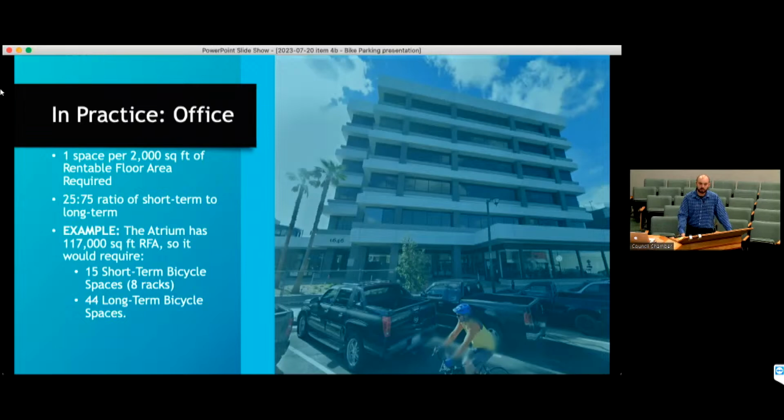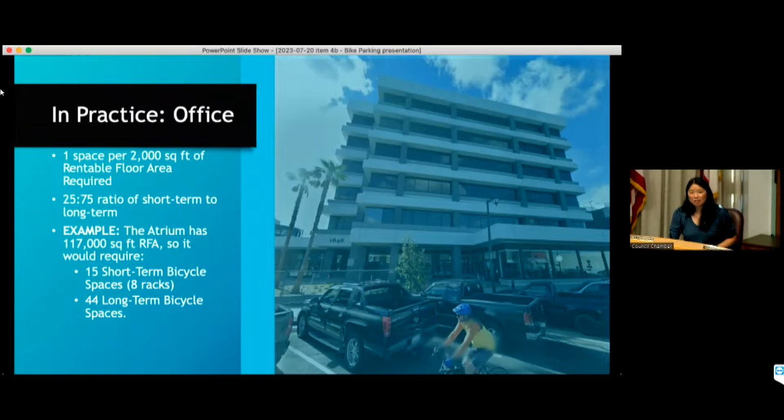Okay. And then with the state legislation, was this factored into the state legislation, or is this something where the city just proactively looked at the fact that this would mean there's no required bike parking? Yeah, so the state legislation did not factor this in at all.